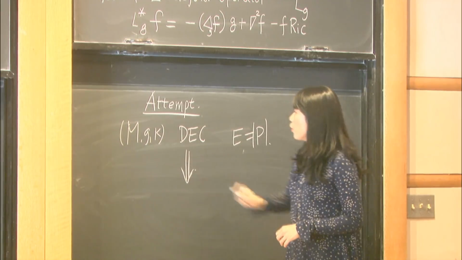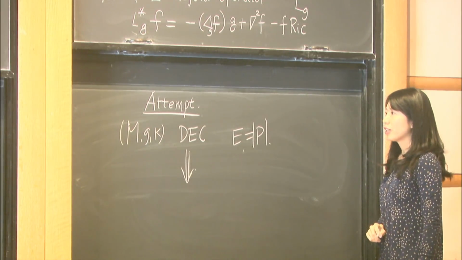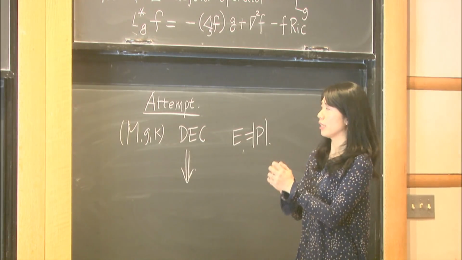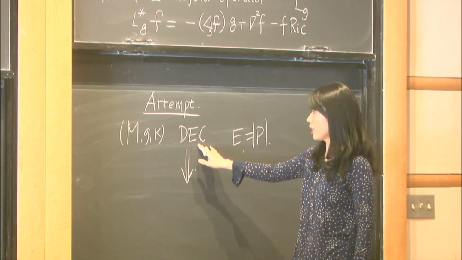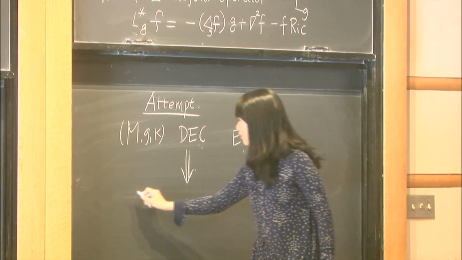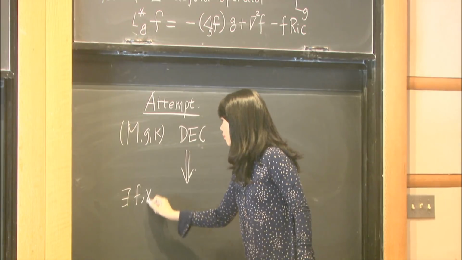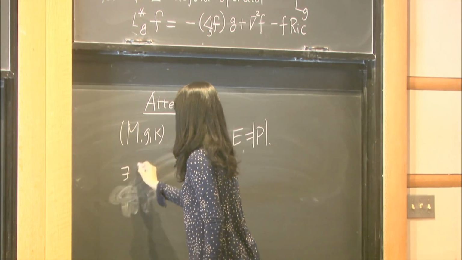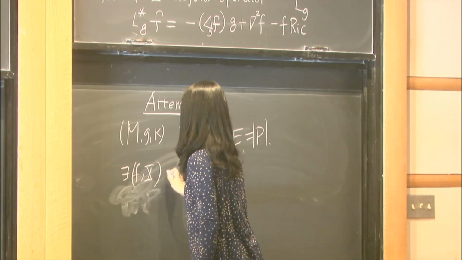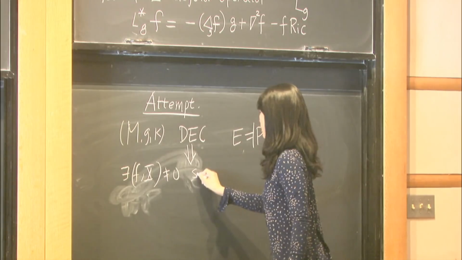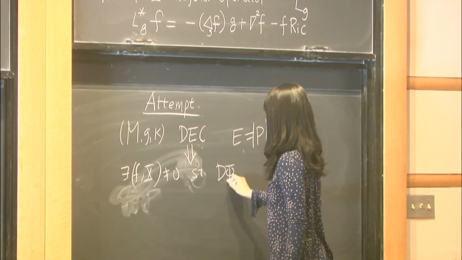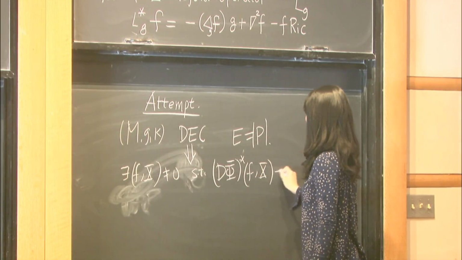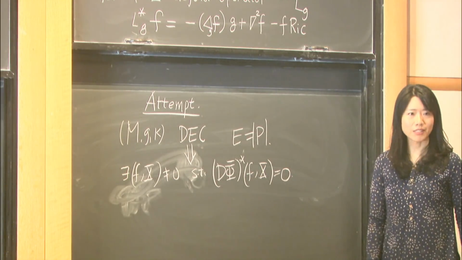And then we can conclude the kernel must have a non-trivial element, because we cannot bump up the scalar curvature, we cannot bump up the dominant energy condition. So that means we have the obstruction.